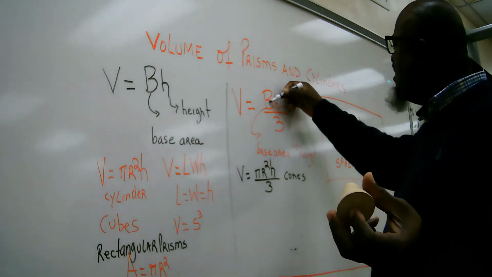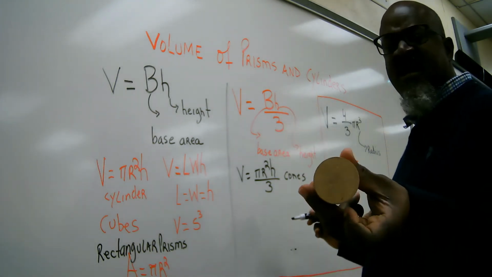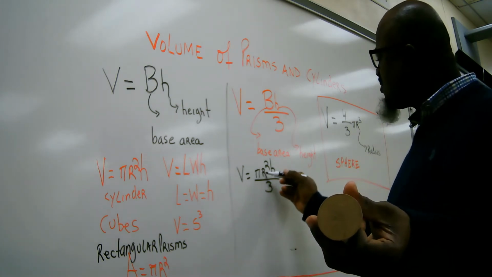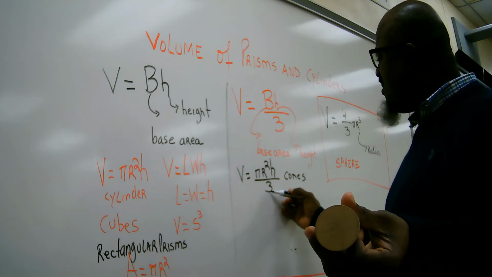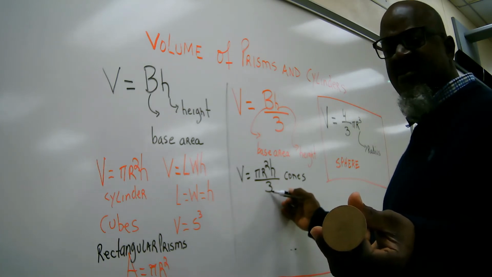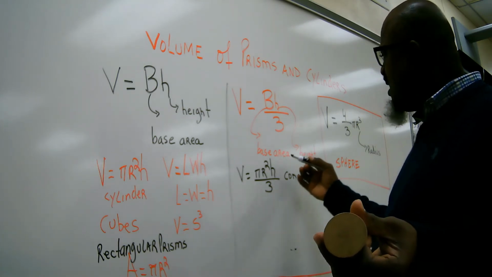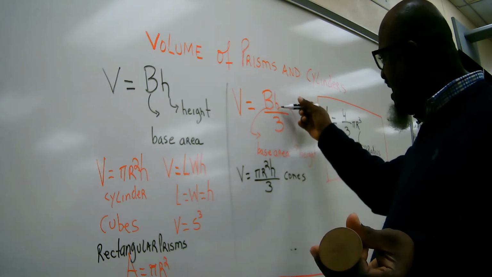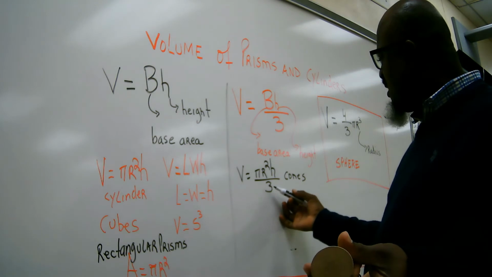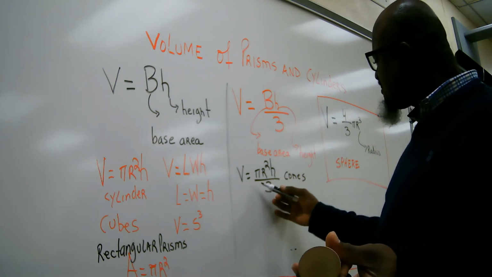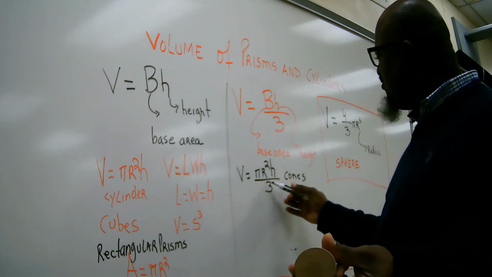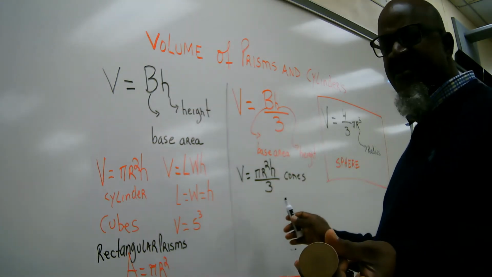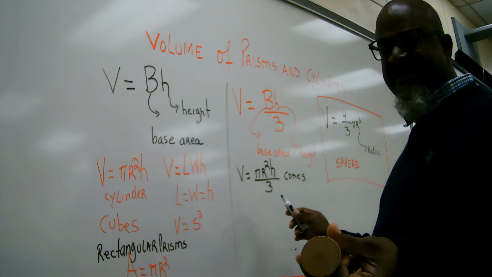So B is the area of the base, and the base of the cone is a circle. You will find the area of a circle, pi r squared, times h, and you take 1/3 of that. You divide by 3. In other words, if the radius and the height are the same, the volume of a cylinder is 3 times as much as the volume of a cone, but the radius and the height must be the same.